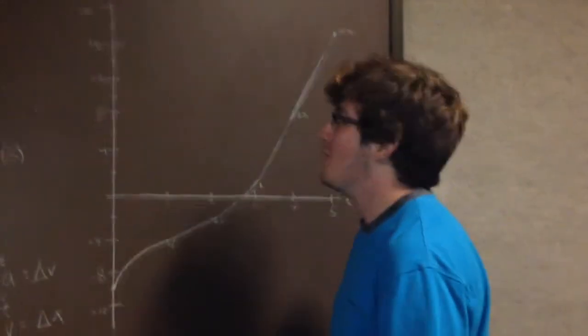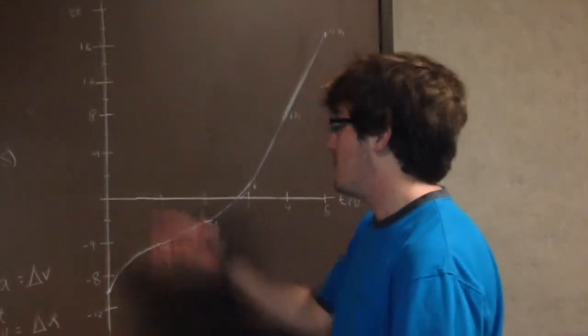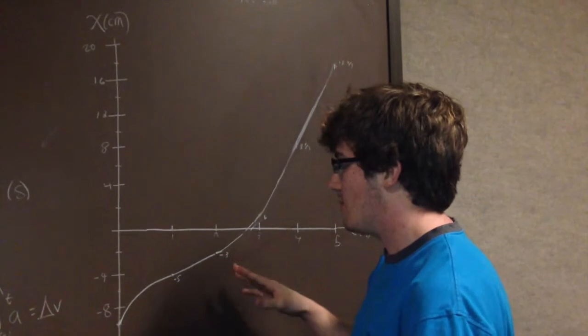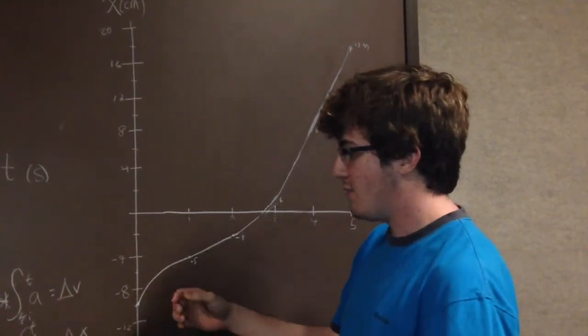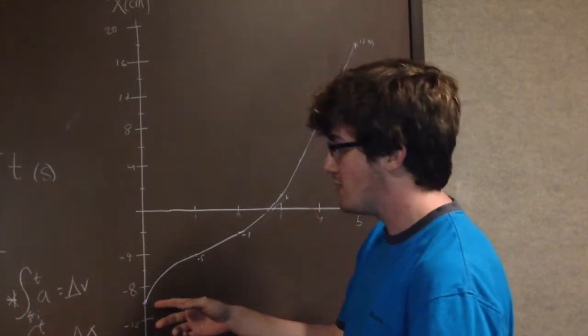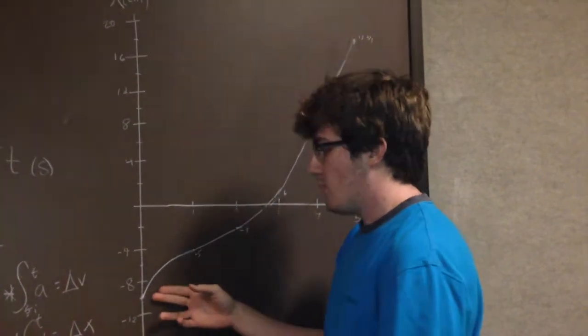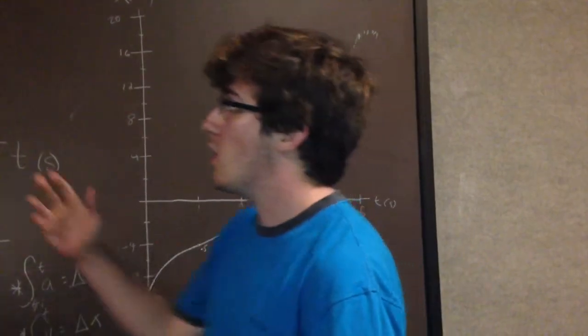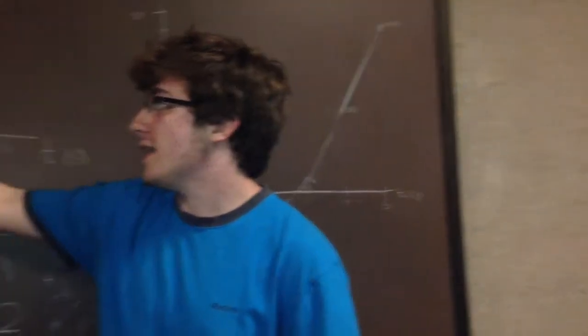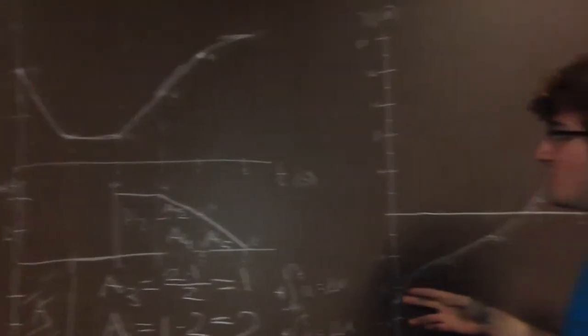All right, so for our position chart, from position versus time, we have our starting position of negative 10 centimeters. And so we start at negative 10, and we look to our velocity to find how much our position changes.